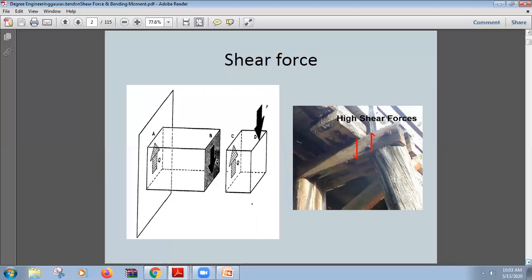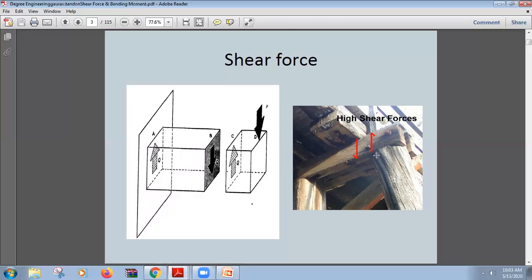Now we'll look at an example. You can see here this is the body, in which two forces are acting on the surface. One is in the upward direction, another is in the downward direction. Here we have an example. This is the beam, and this beam is supported by a column.